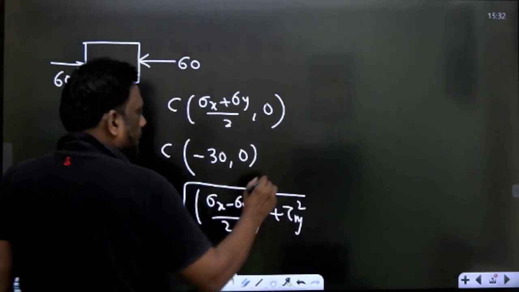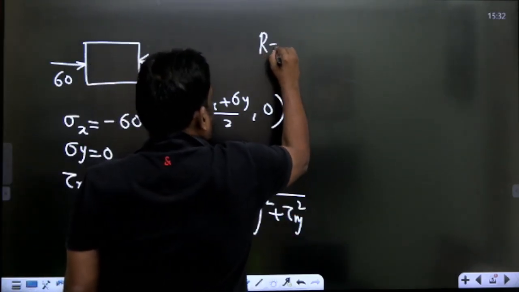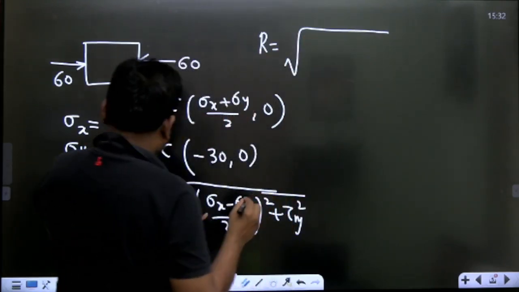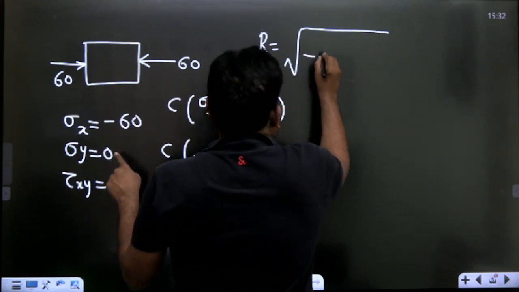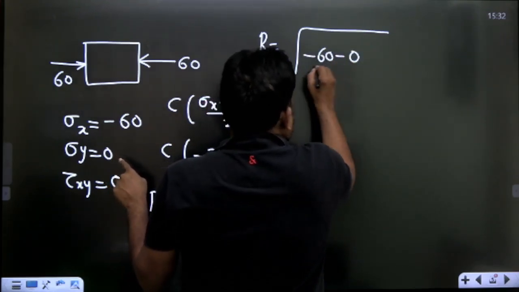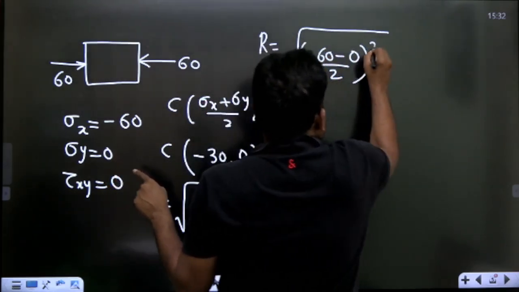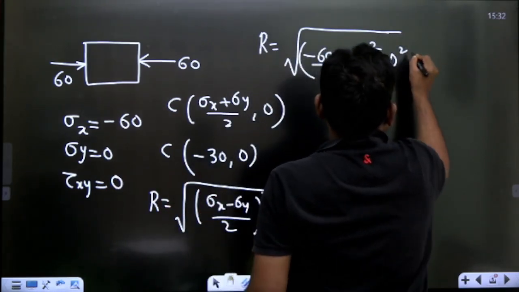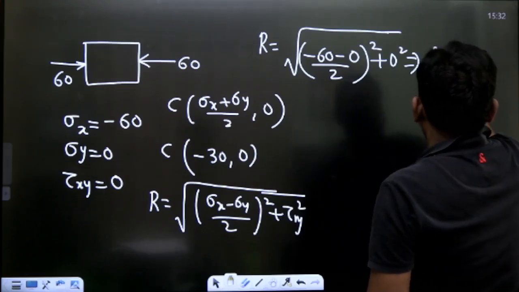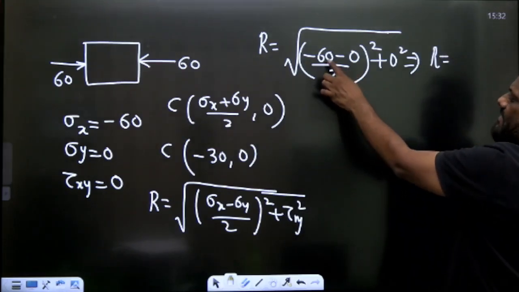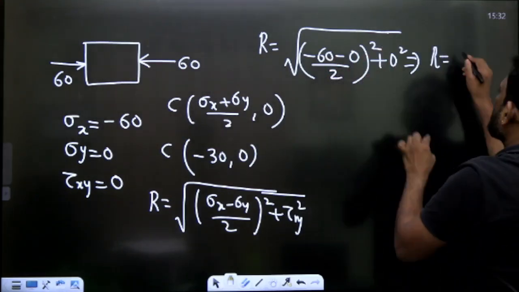Sigma x is minus 60 and sigma y is 0, by 2 whole square, and tau xy is 0. So the radius is 30.